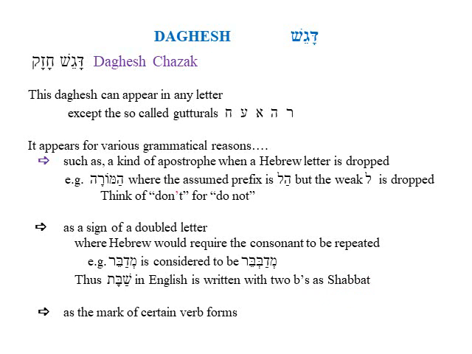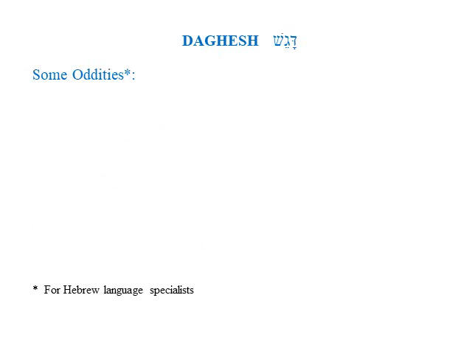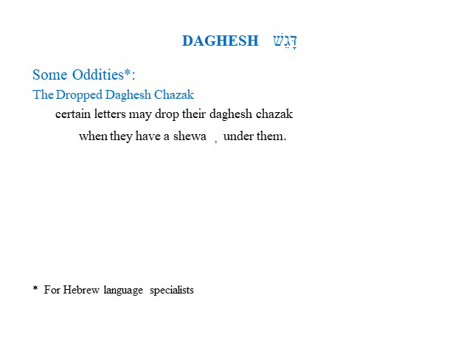And another example of where you will see the Dagesh Chazak is it will show up in certain conjugations and certain verb forms. Now, we'll get to some oddities, and this is really some oddities for Hebrew language specialists. And that is where the Dagesh Chazak gets dropped. Certain letters may drop their Dagesh Chazak when they have the Shva, this little sign, underneath them.